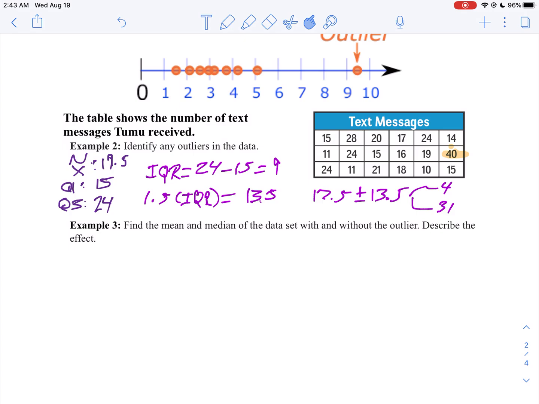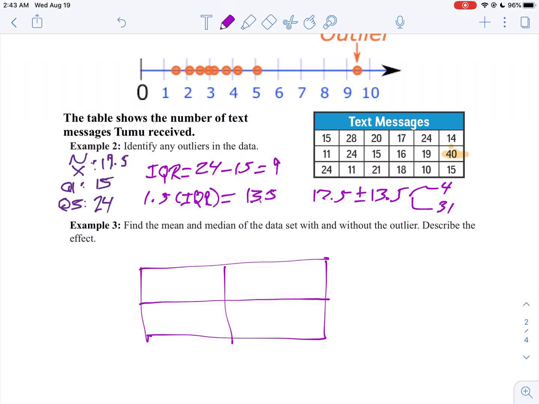Now we want to find the mean and the median of the data set with and without the outlier, and then we want to describe its effect. Okay, so let's make a table here to represent what we want to do. I'm going to find the mean and the median, with the outlier and without.